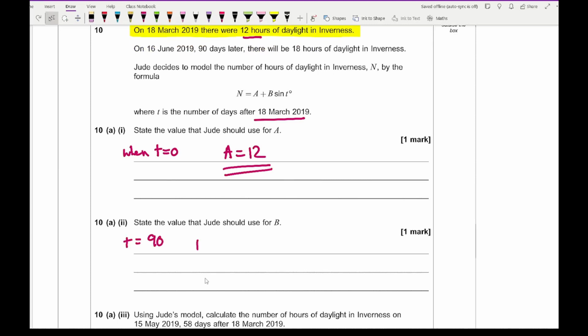So then here I end up with n equals 12 plus b sine 90. Now we know that when t equals 90, n equals 18. So we've got 18 equals 12 plus b sine 90. Now sine 90 is just 1. So here then we get a b value of 6.